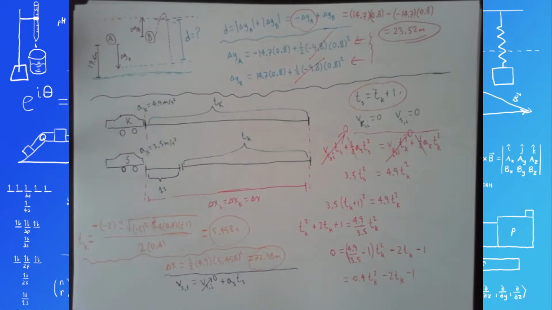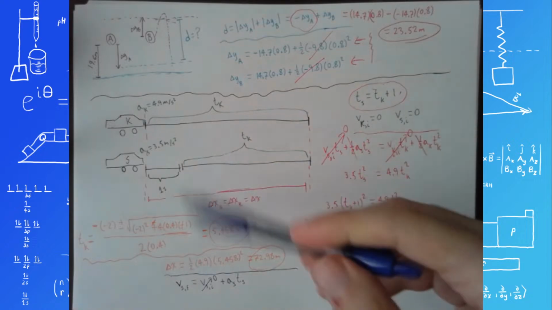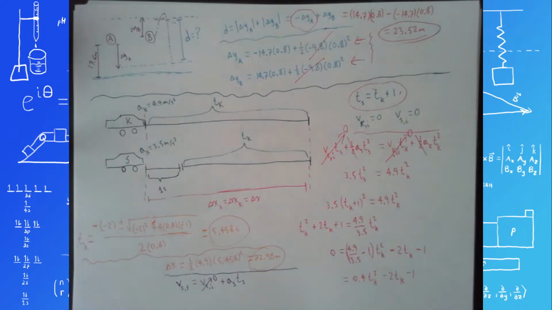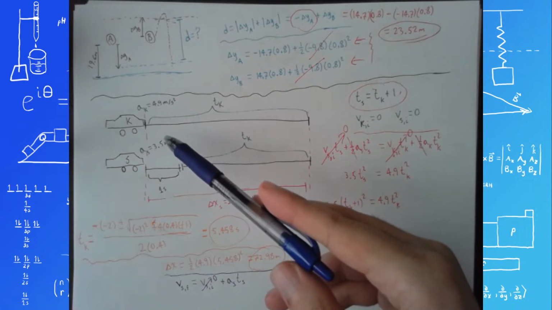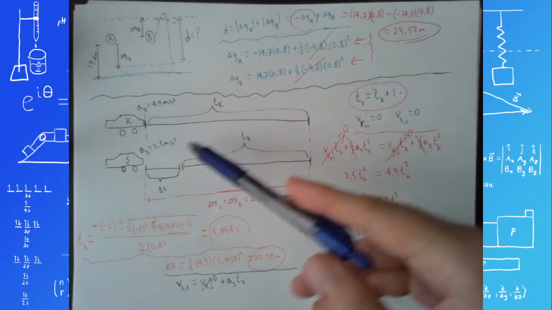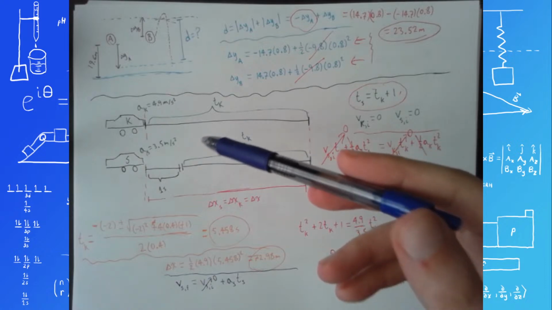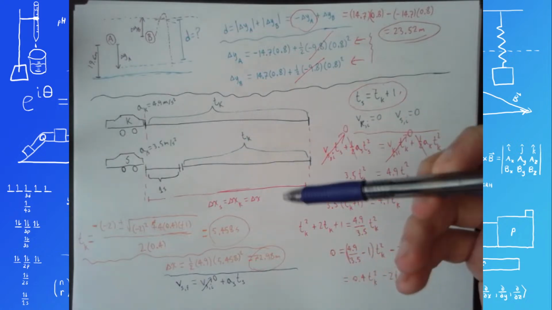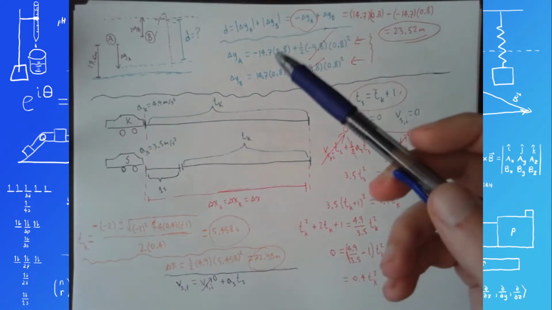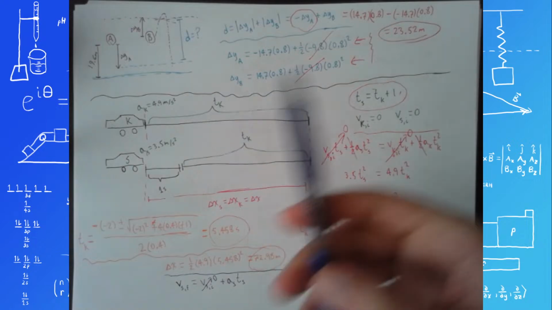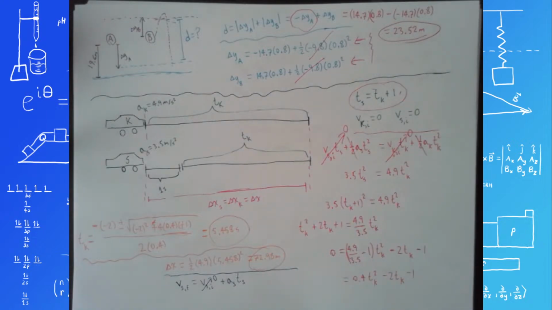And of course, prediction would be, and not just prediction, it would have to be that Kathy's speed is greater than Stan's speed. If you don't get that, then you did something wrong, because if Stan has the lead, there's no way for Kathy to catch up to him unless she's moving faster than him. If Stan is the one moving faster, then the gap between them is growing, not shrinking.